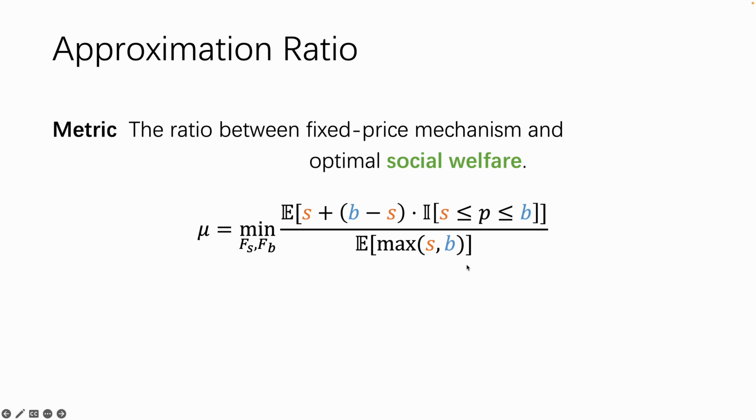For the welfare of fixed price mechanism, we could see that in the beginning, the seller holds the item and the trade happens if and only if S is at most P and B is at least P. So the social welfare for any fixed price mechanism is this term. And our goal is to design a fixed price mechanism that maximizes the approximation ratio in social welfare.